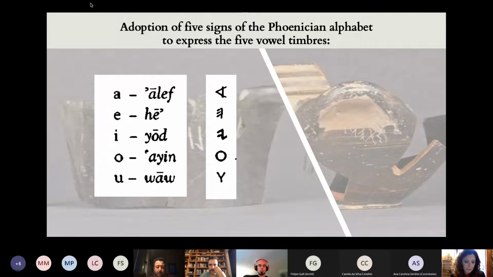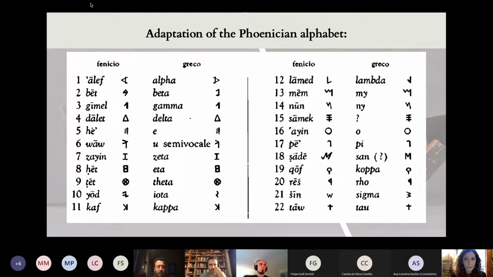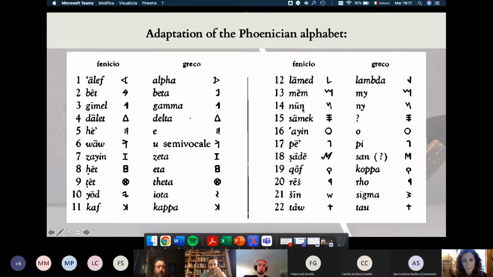It is, of course, the adaptation of the Phoenician alphabet to create a new alphabet that could correspond to the Greek language. So, as you may already know, the Greeks took the Phoenician alphabet and used five different signs to emulate the vowel timbres, and also other signs to create their other letters.